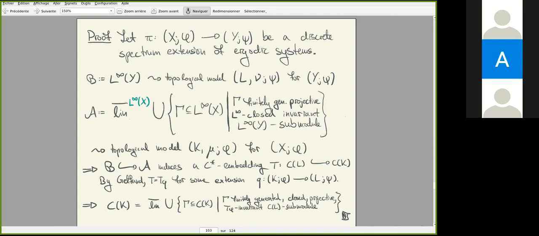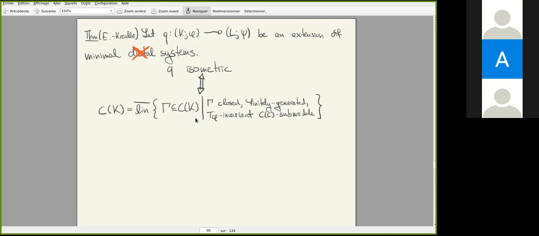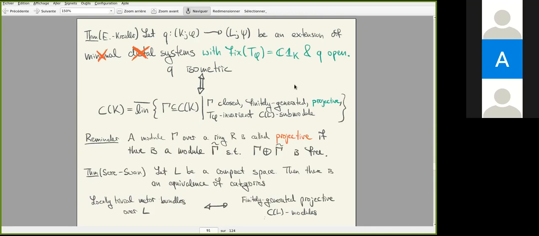But where did you use the groupoid? I mean, I think this one could have guessed without knowing about the groupoid. The groupoid you need for the characterization theorem. I mean, you need this characterization here.